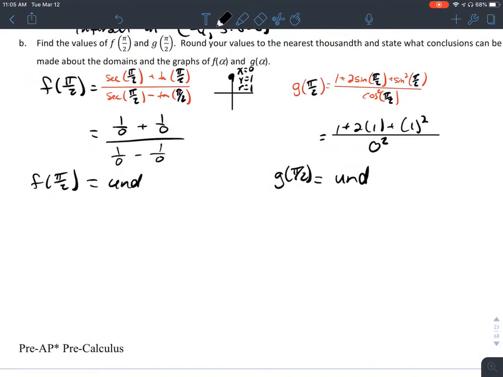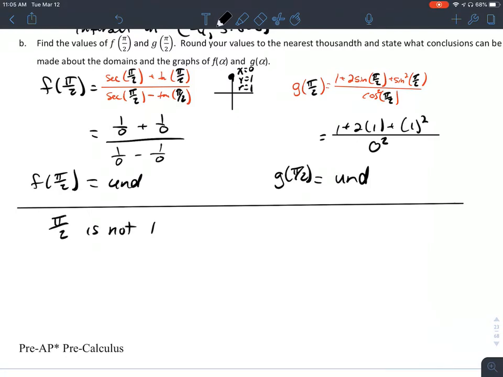What conclusions can we make about the domains? Pi over 2 is not in the domain of f or g. What conclusion can we make about the graphs? Well, let's see.